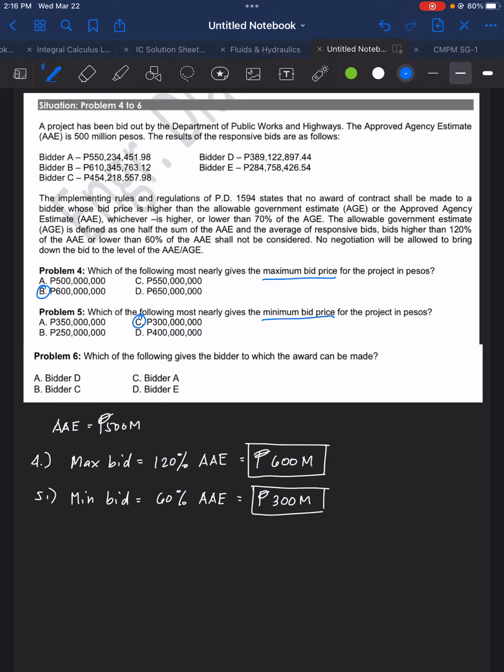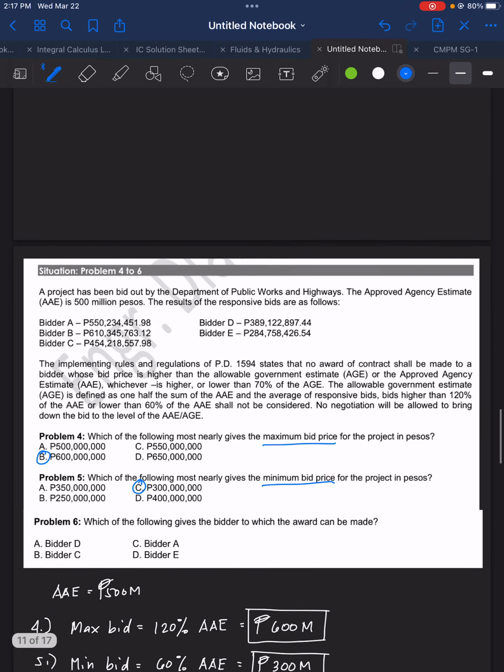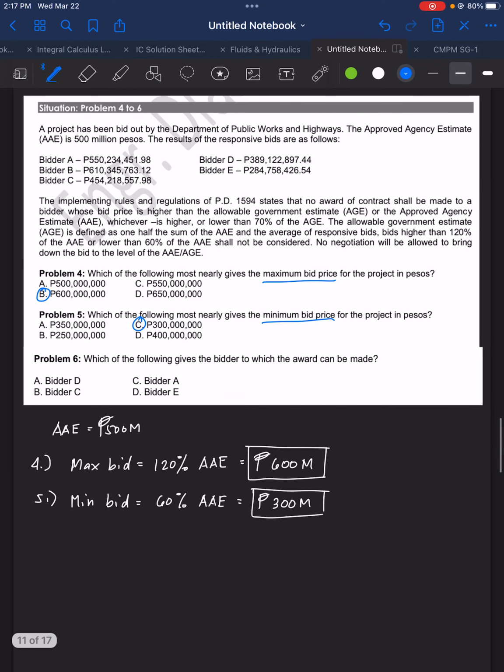Next, for problem 6, which of the following gives the bidder to which the award can be made? So it's asking for the winning bidder. Now, for the winning bidder, we can find the definition.